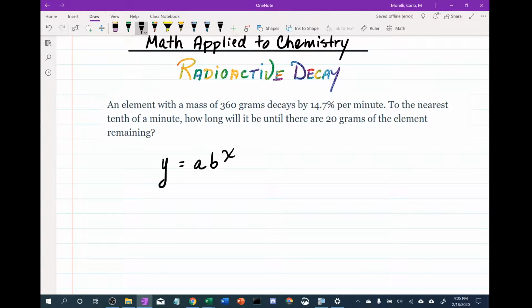Now, it's very important we identify what these letters actually mean. Y references some future value or some end value. A represents the initial or starting or present value.